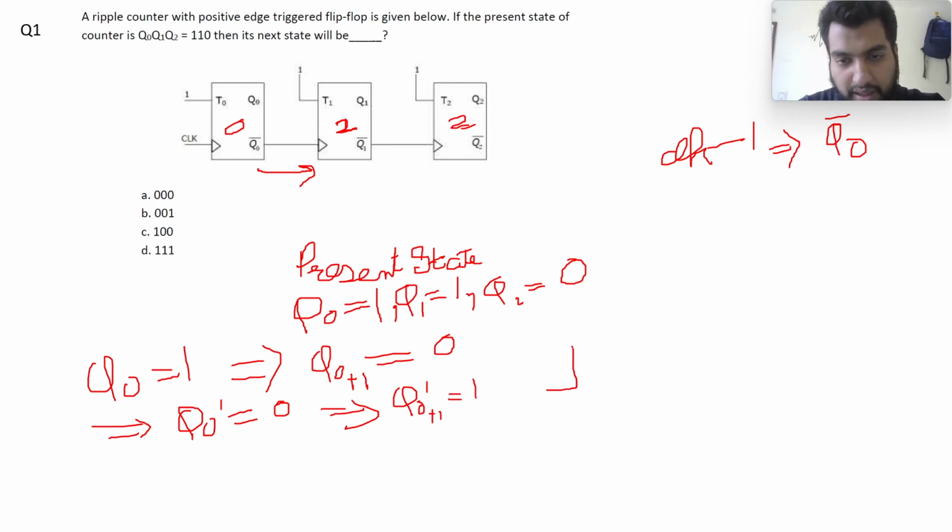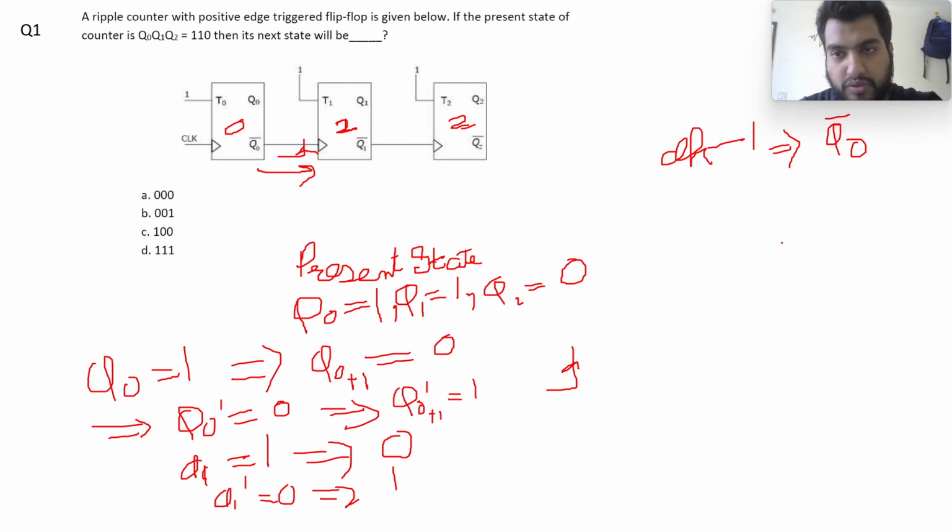This will again cause a transition in Q2, since there is now a rising edge. Q2 was 0, so Q2 plus 1 will be equal to 1.